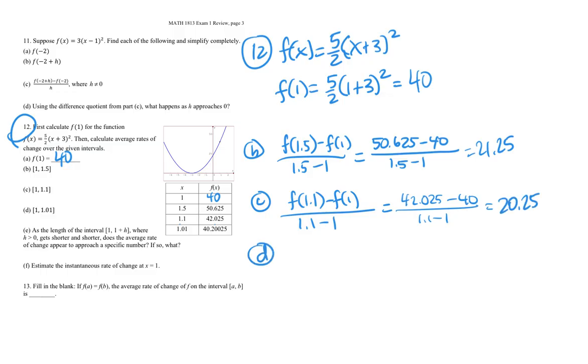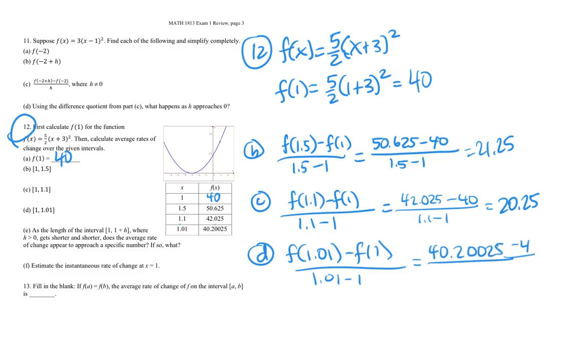For part D, it's going to be similar. f of 1.01 minus f of 1 over 1.01 minus 1, which is 40.20025 minus 40 over 1.01 minus 1. Getting too excited there, too many zeros.